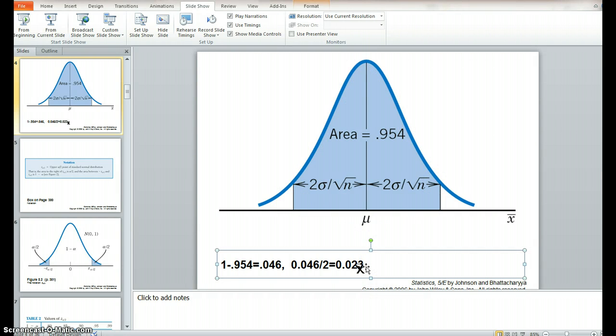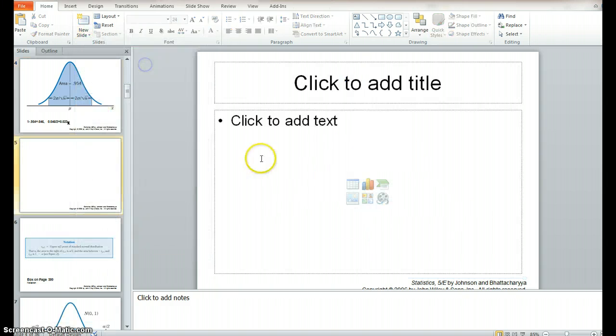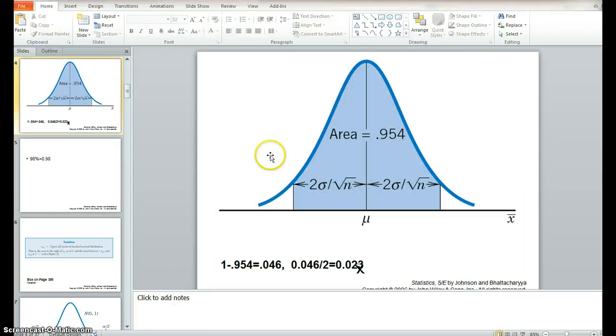If I want to do 98%, I'll do a new page here. So 98%, which is equal to 0.98, is the area between these two, the shaded area.